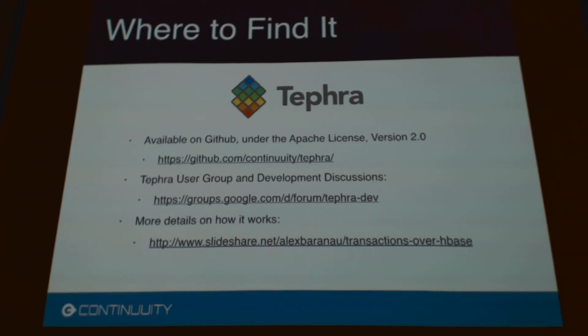We also have a Google group set up for development and user discussions. And the previous presentation that I alluded to is also available on SlideShare. If you want to see a lot more detail about how it works, go and check that out. It's kind of exhausting in detail.